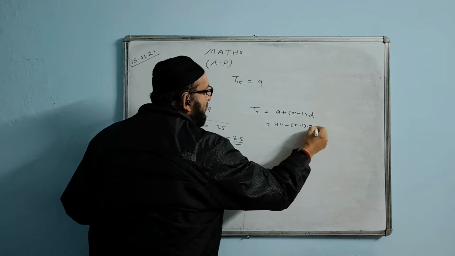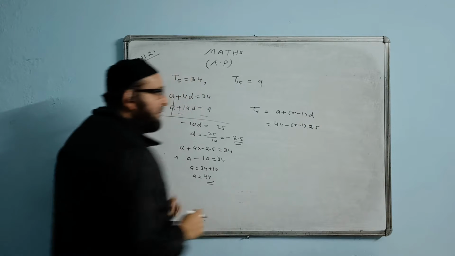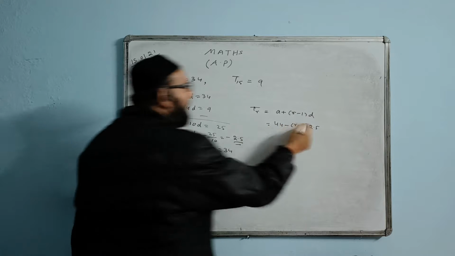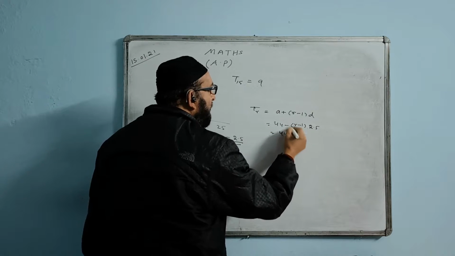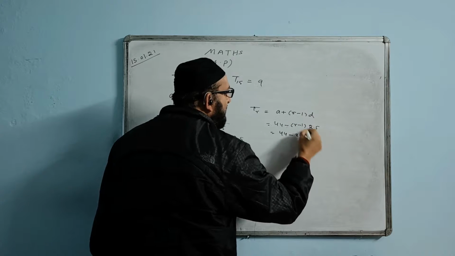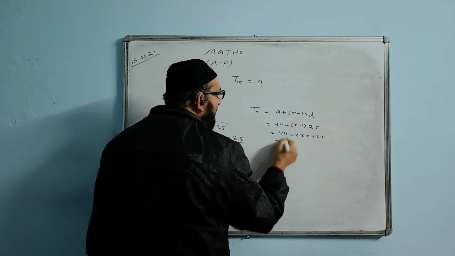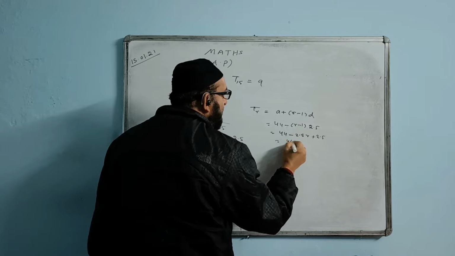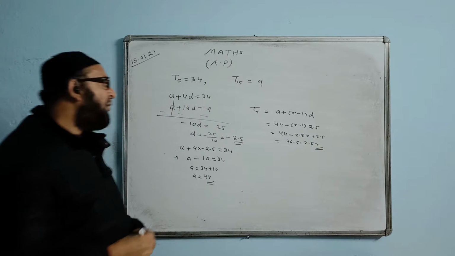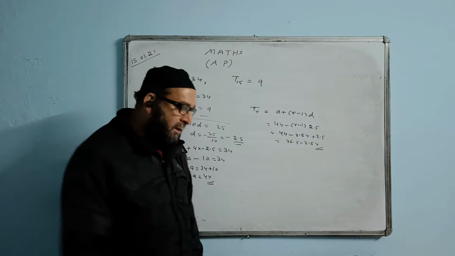Minus 2.5 into r minus 1. Finish. You can leave the answer till here only. Or if you want, you can open the bracket: 44 minus r into 2.5, minus minus plus 2.5. 44 plus 2.5 becomes 46.5 minus 2.5r. That's the answer. If you leave it here, it's also correct.